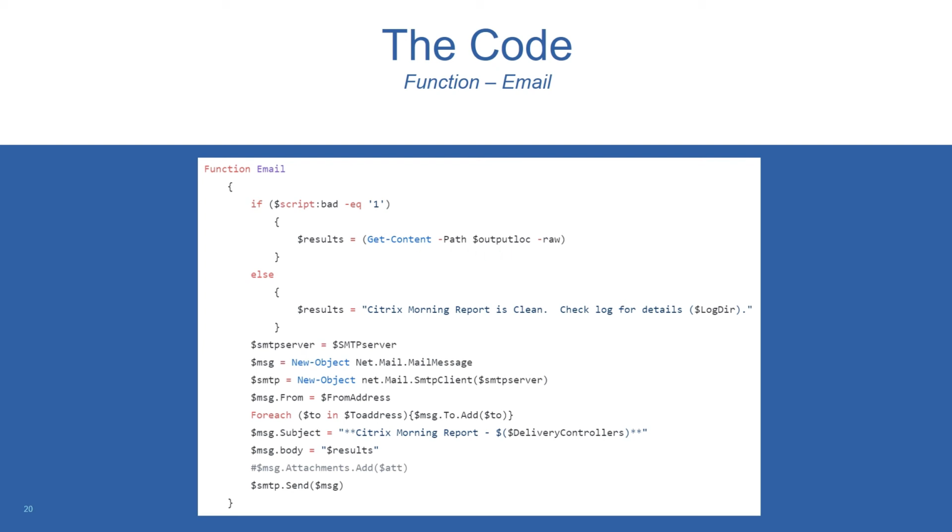If it's not bad, we're going to say, hey, the Citrix morning report is clean. Check your log for details. But again, if there is something in there, we're going to put the contents of the log into the body of the email, and then use all our respective SMTP server settings, our from address and our to address, to send the email out.